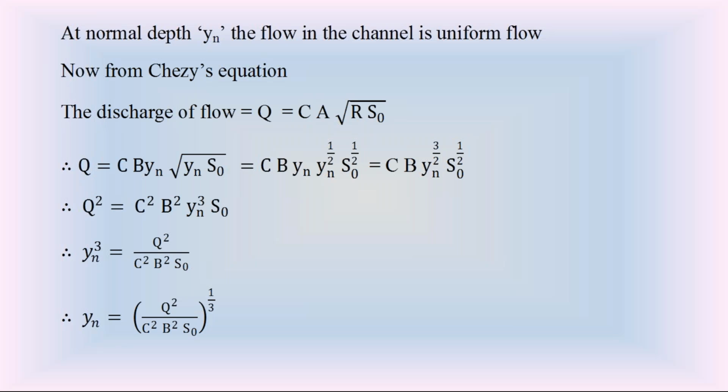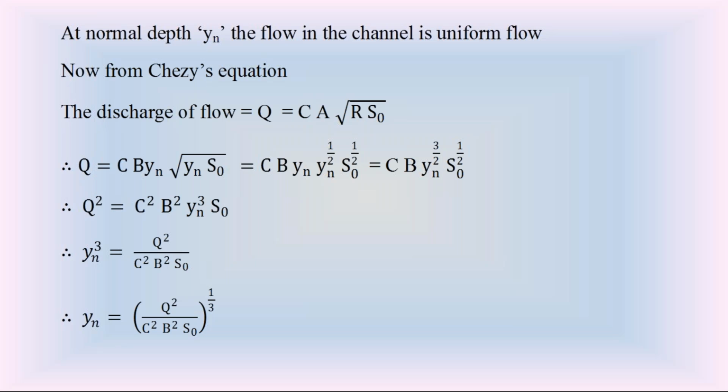By using the previous equation, Yc is equal to small q square by g whole power 1 by 3, we can find the critical depth in the open channel, and by using this equation, Yn is equal to Q square by C square B square S naught whole power 1 by 3, we can find the normal depth in open channels. So by using these two equations, you can calculate the critical depth Yc and normal depth Yn in open channels.